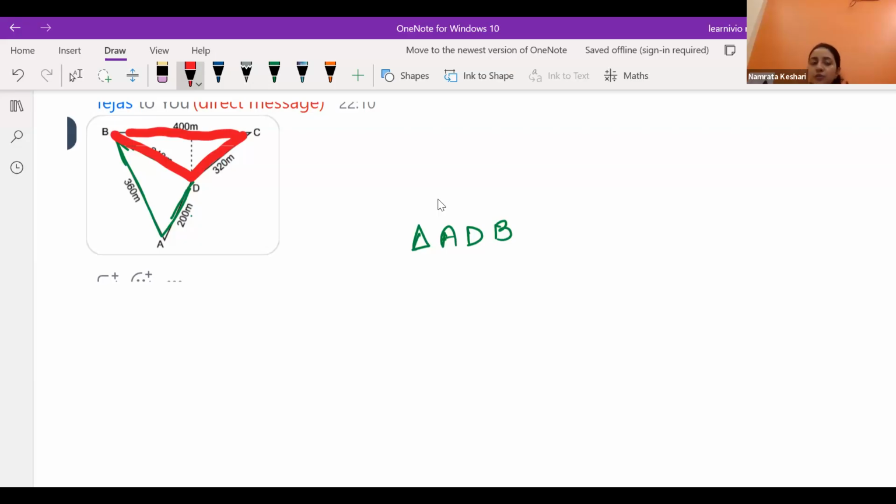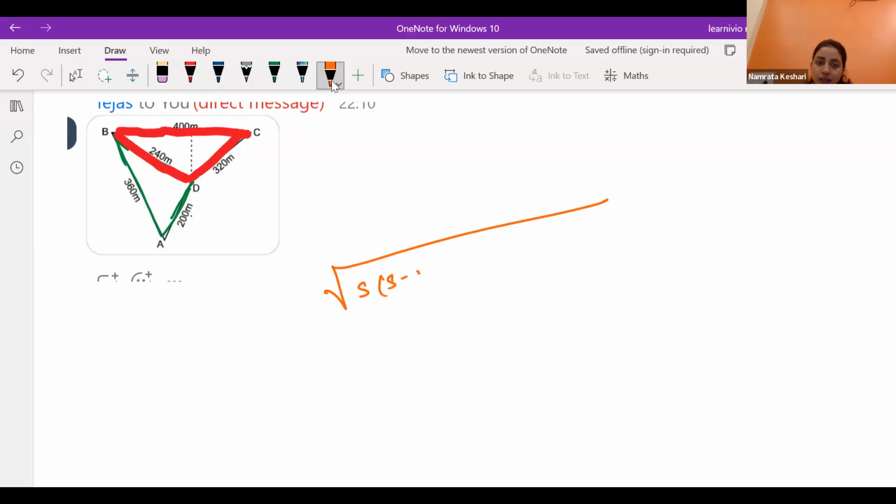Suppose we have found the area of this red triangle by Heron's formula, under root s, s minus a, s minus b, s minus c.